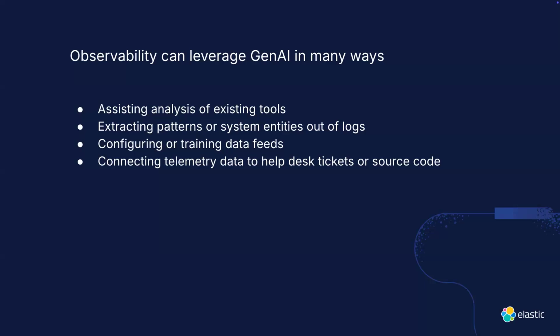It can configure your data sources for you because it can understand patterns. And also, because it can understand language, you could connect human language stuff like help desk tickets with your system information without the manual labor that's usually required to do things like that, or even source code to applications.